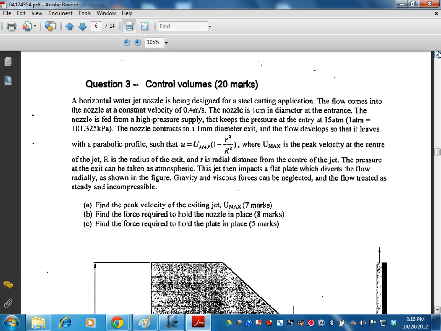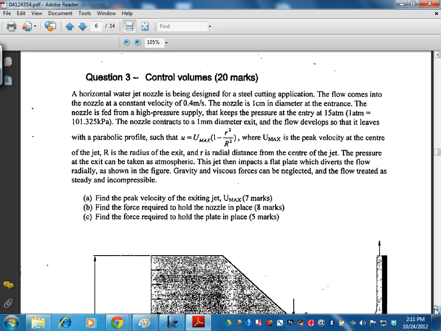Okay. Gravity can be neglected. The pressure at the entry is 15 atmospheres, 15 times 101,325.